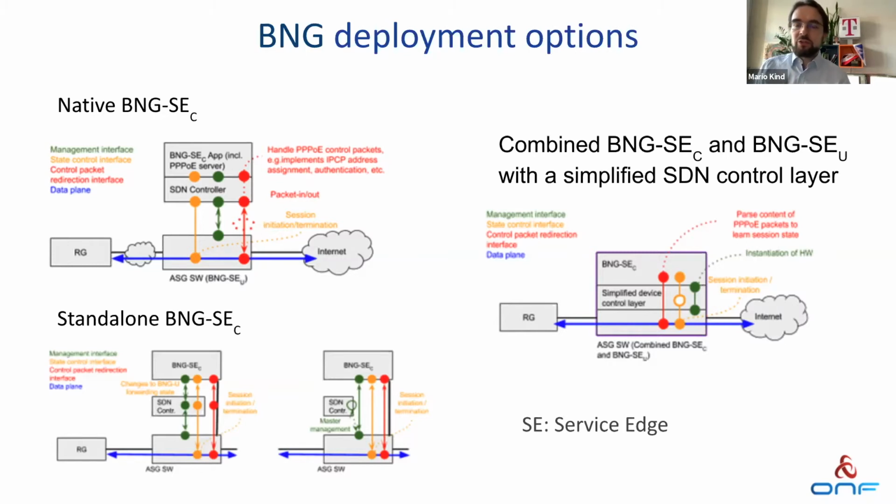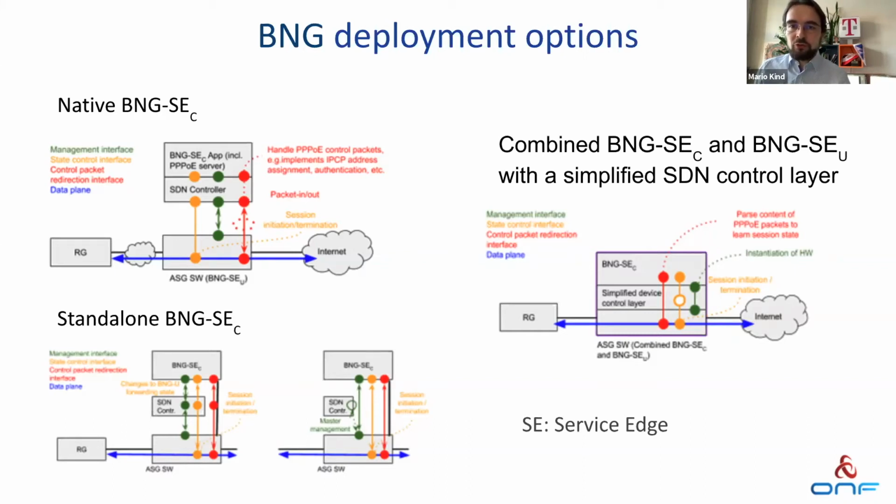So one of the alternatives would be to move to a more standalone way, which is shown in the lower left part, where in principle we separate the control plane part of the BNG service edge from the SDN controller itself, and only manage all the things which are not needed to forward traffic.